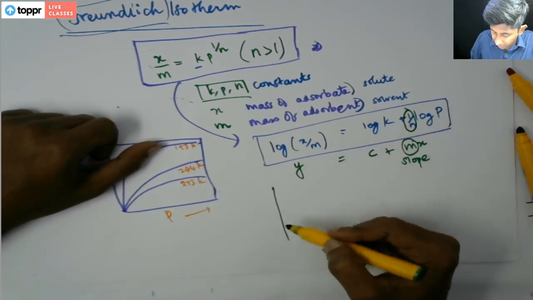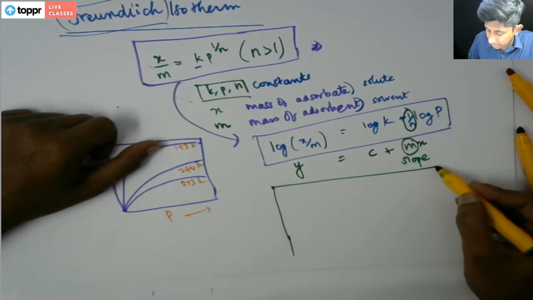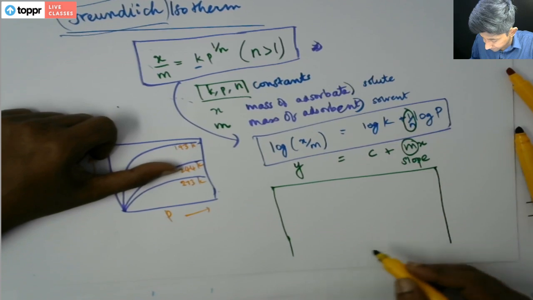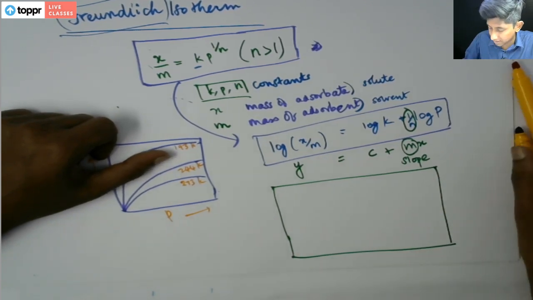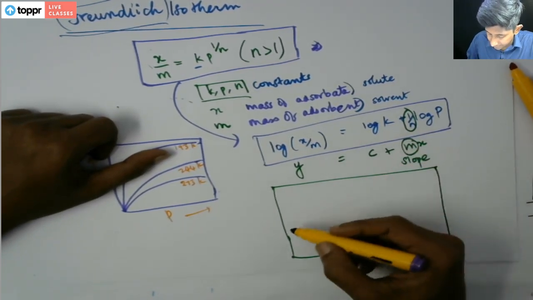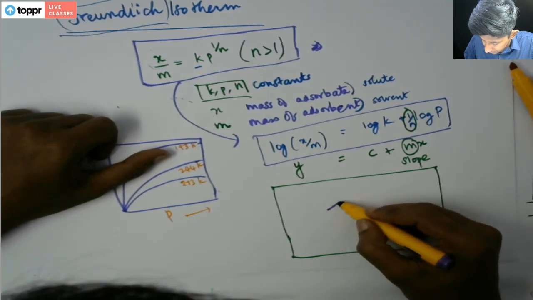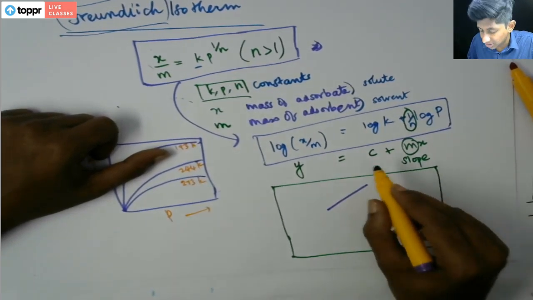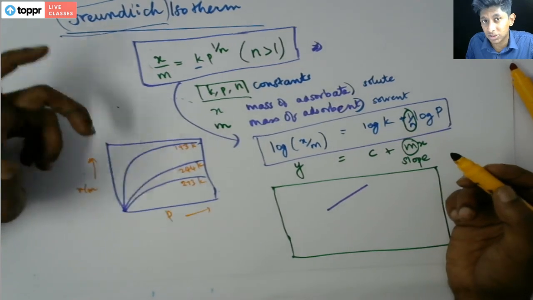So now the graph becomes much easier, much more convenient, wherein you get a straight line. It's an equation of a straight line, unlike this, which is exponential.